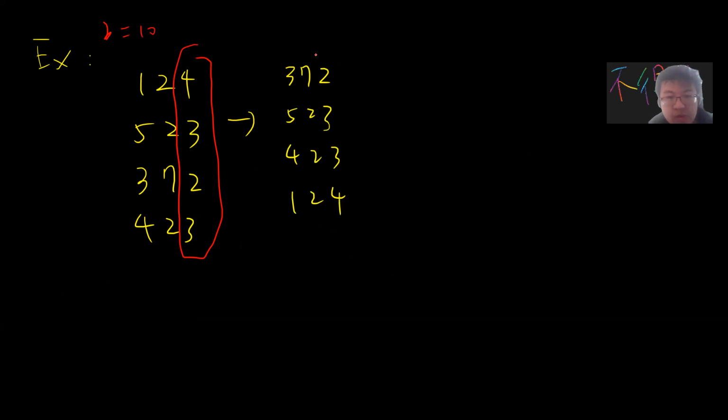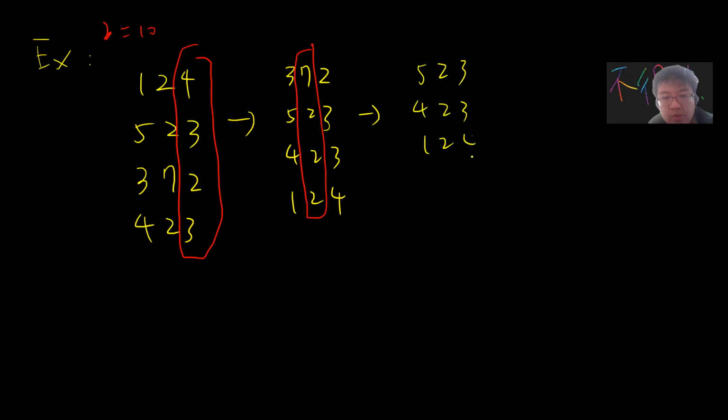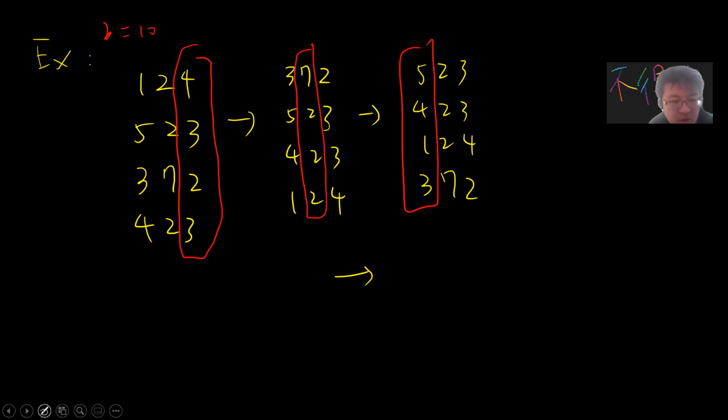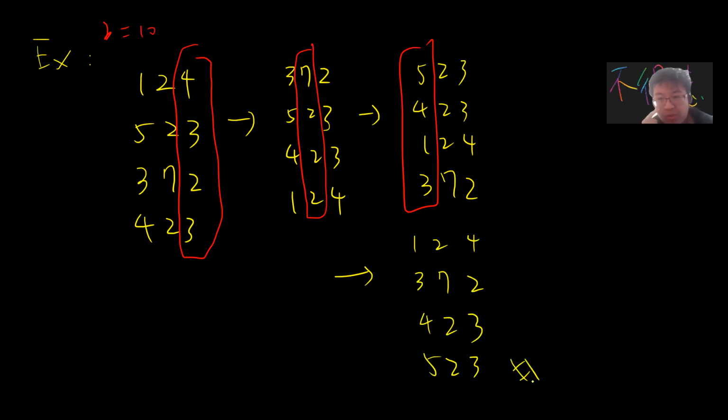After that I sort by the next digit, and then I get 5, 2, 3, 4, 2, 3, 1, 2, 4, 7, 3, 7, 2. Then next I sort by this digit, and I get 1, 2, 4, 3, 7, 2, 4, 2, 3, 5, 2, 3. It's amazing that this works. So this is just radix sort.